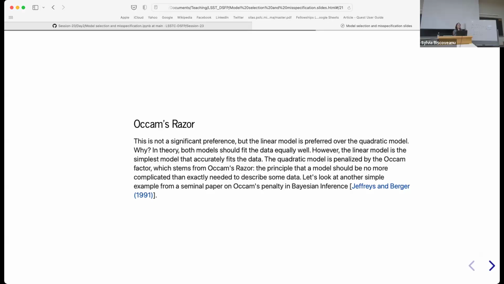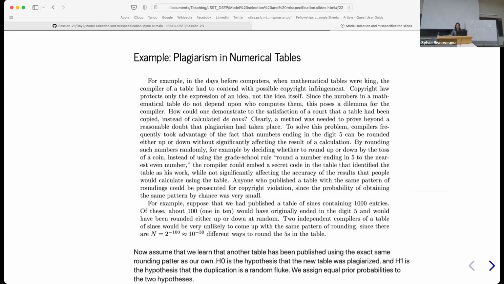And so a model that has more free parameters that aren't doing anything, that aren't actually needed to fit the data, are going to be disfavored compared to the simpler model by this Occam's factor. So let's look at a simpler example that's from one of the seminal papers in Bayesian Inference.